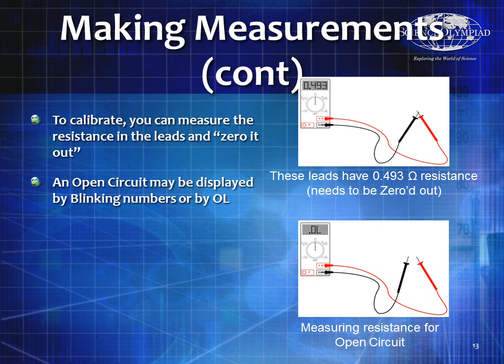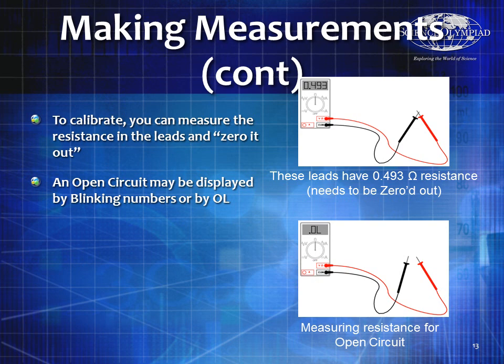It might be from the leads, it might be from something internal or whatever. So I know I need to subtract that out of any type of ohm or resistance measurement I make. Now, a half a ohm is a really small amount of resistance, and if I'm measuring something in mega ohms, it definitely will have 0 impact.